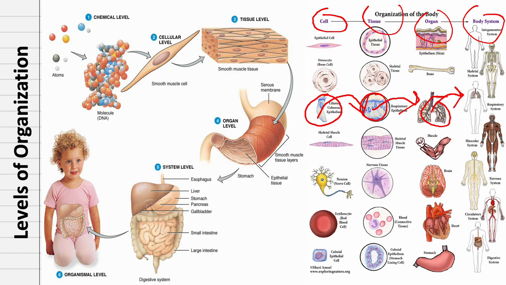All these systems, made up of different cells, tissues and organs, eventually work together in coordination and interdependently for the survival of the organism. So these are the levels of organization, and organization is important for the coordination and survival of the human body.